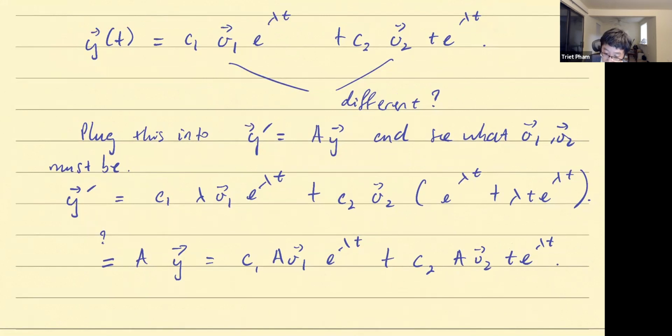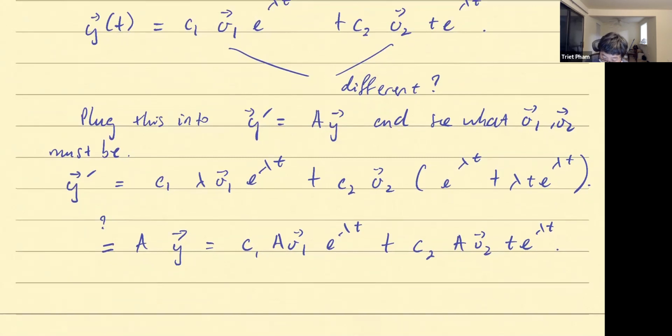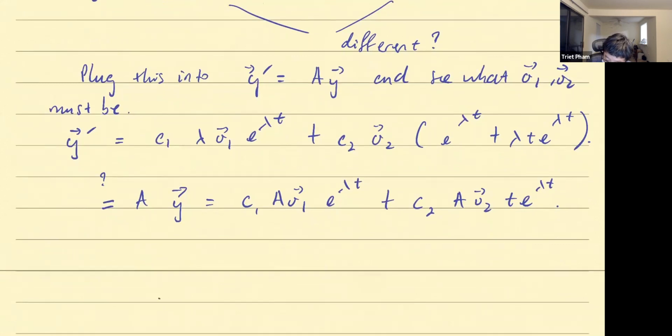All right. Now, what makes them equal? There are two terms here. The first term is something times e to lambda t. The second term is something times t e to lambda t. So whatever multiplies e to lambda t on both sides must be equal, and whatever multiplies t e to lambda t on both sides must be equal.